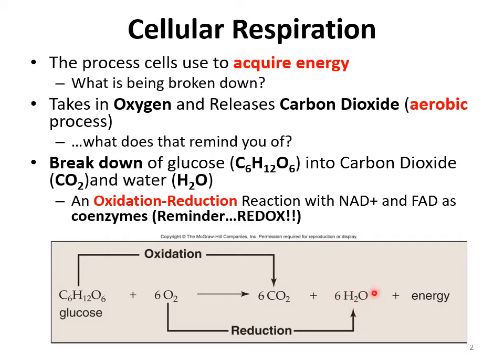But it's reduced because it gained those negative electrons, which you see here as the H2. Okay, so just always, if you remind yourself of redox and that little trick of Leo says Ger, then right away you'll know losing electrons is oxidized, gaining electrons is reduced, and if you're visually looking at the formula, the one that suddenly looks bigger is actually reduced, because remember we said it's weird like that.